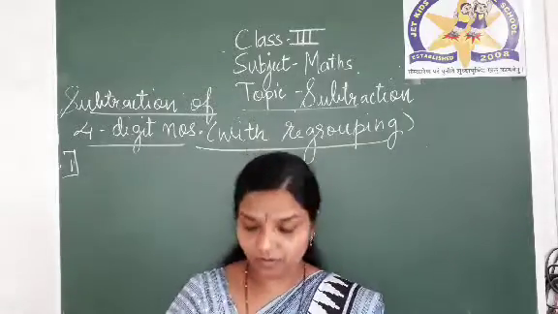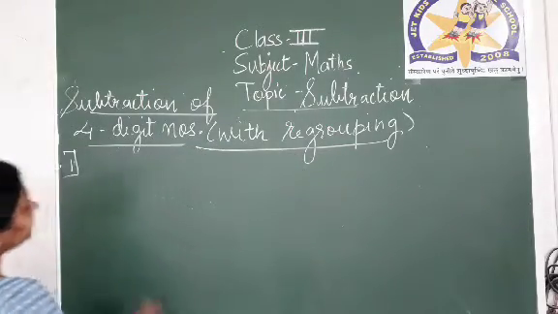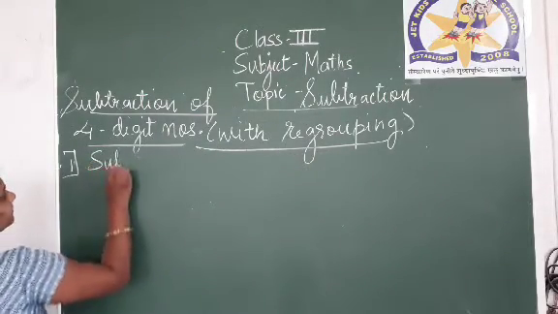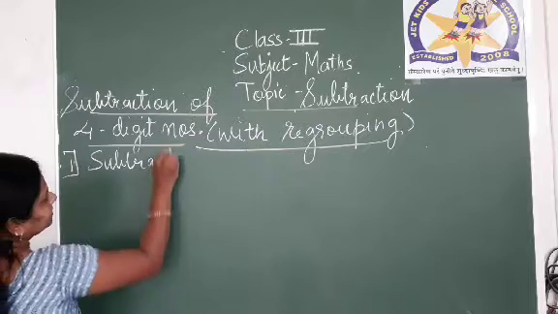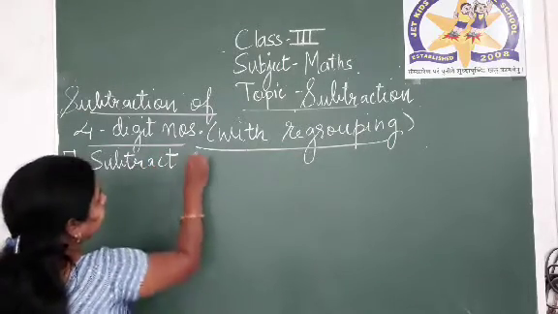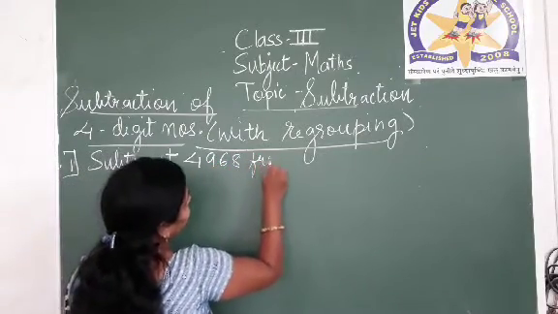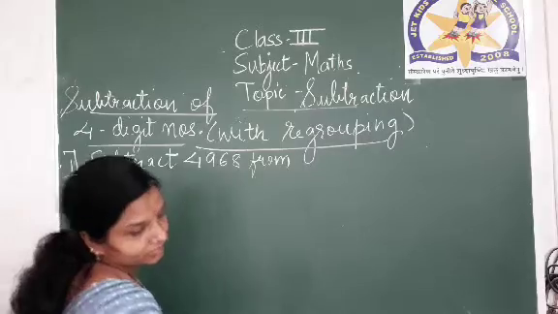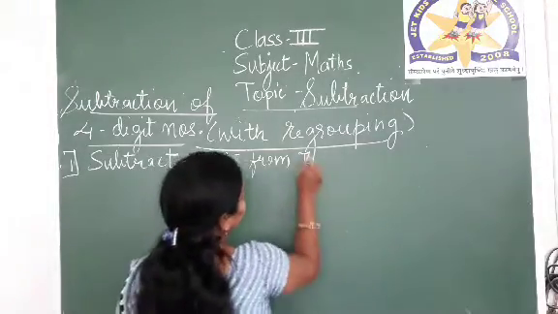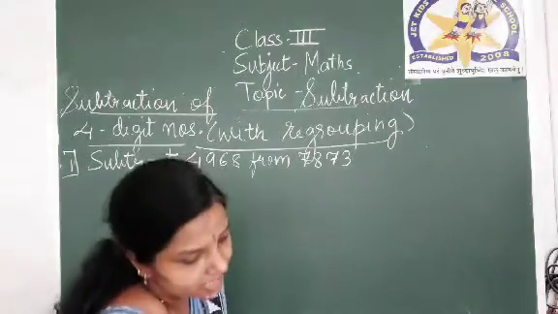Open page number 48. Let us take the example which is in the textbook. Subtract 4,968 from 7,873.